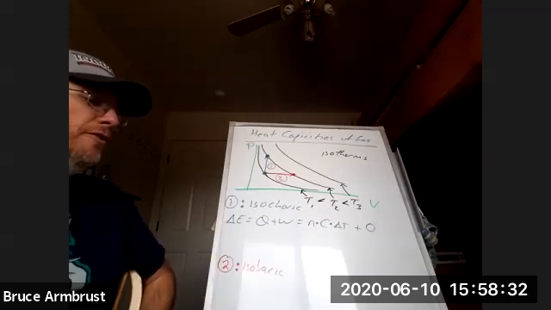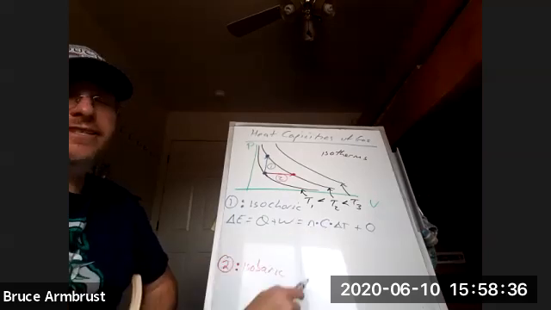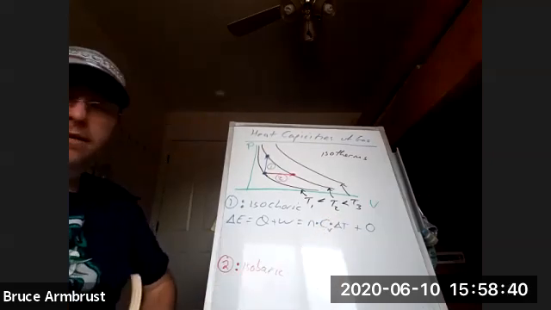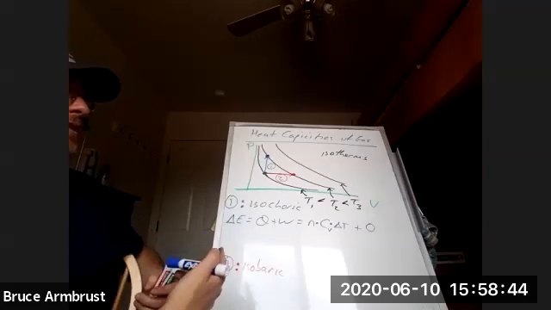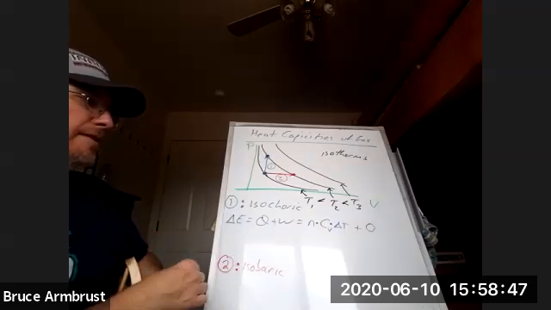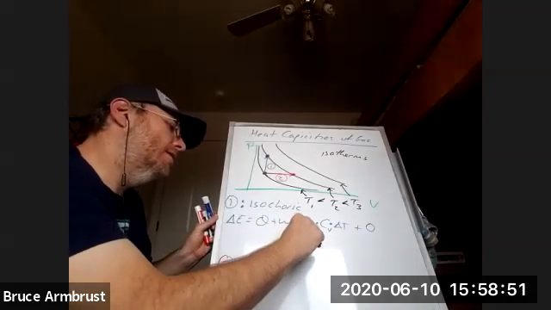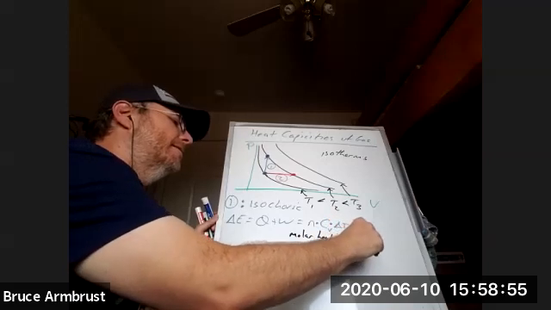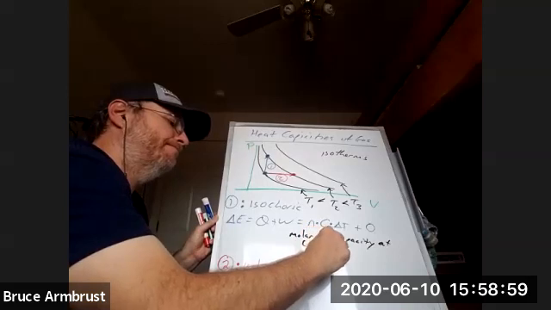All right, now I don't know if you remember, but when we first talked about heat capacity of gas, I didn't write just C. I wrote C sub V. And now you can see why, because we named it the molar heat capacity at constant volume.